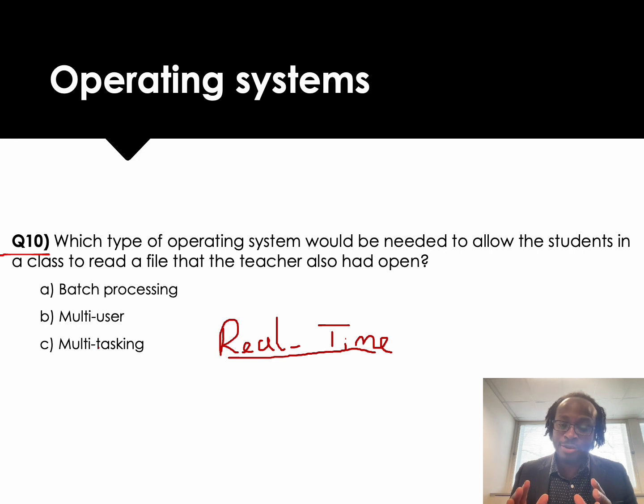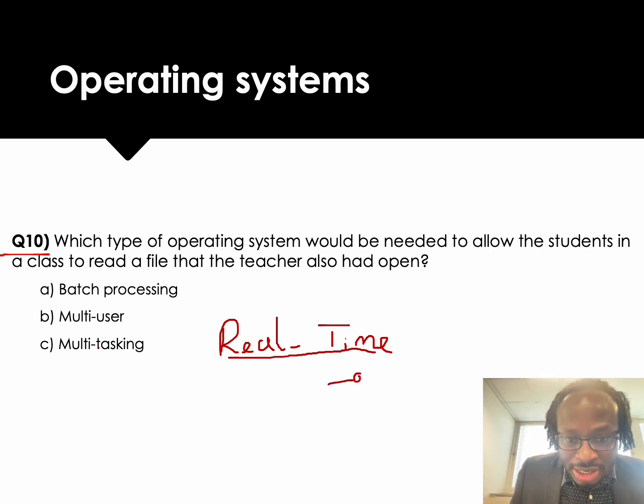So if you have an operating system or software managing tasks that need to be done within a certain time frame. So let's say we've got an operating system that monitors medical equipment, for example, in an intensive care unit, right? So if someone is in an intensive care unit and they have medical equipment measuring their heart rate, for example.